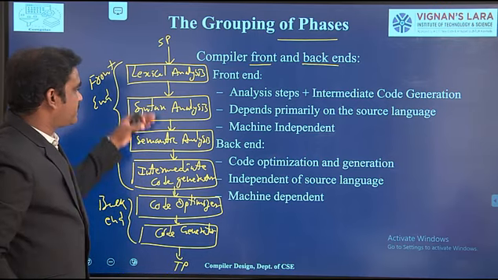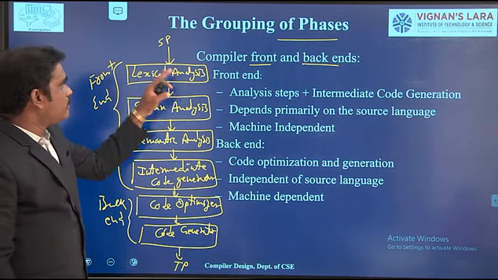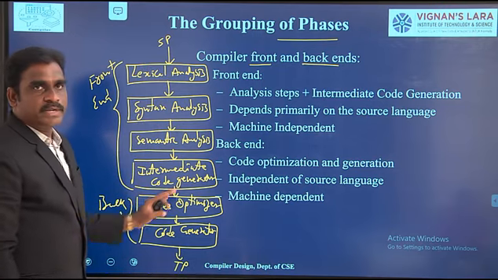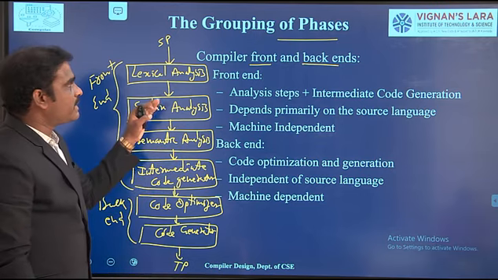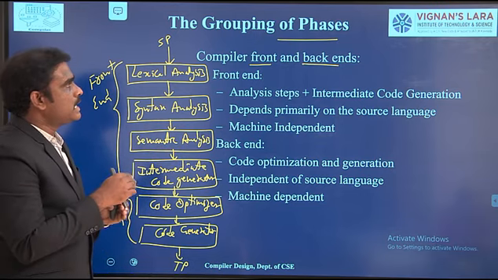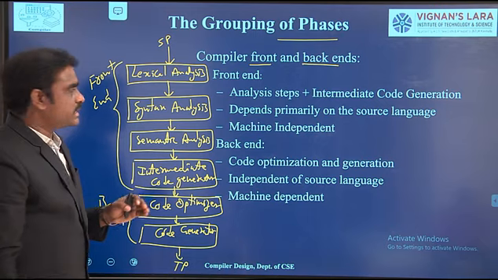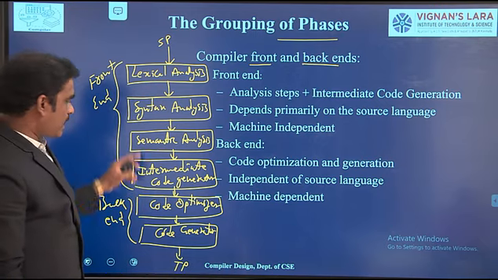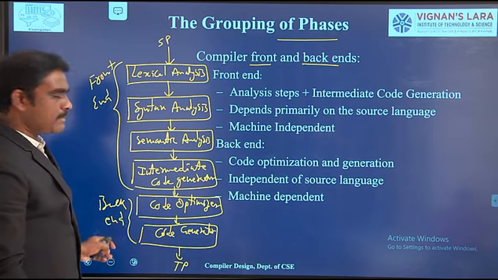So grouping of pages means we have a total of 6 pages, and these 6 pages are divided into 2 parts. Group means nothing but more than 1; we have to combine more than 1 page. So the first 4 pages come under the front end and the next 2 pages come under the back end.